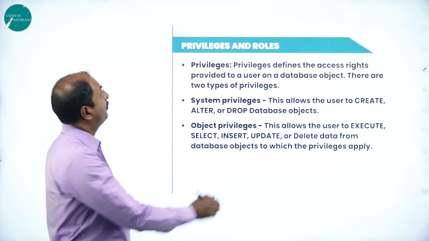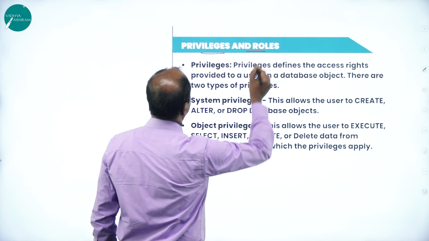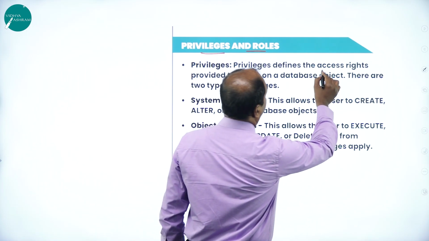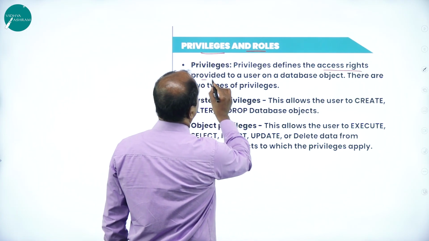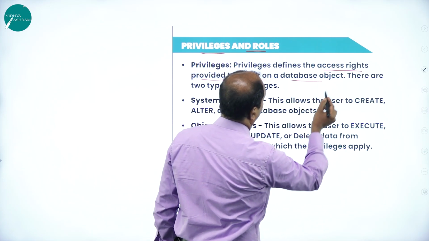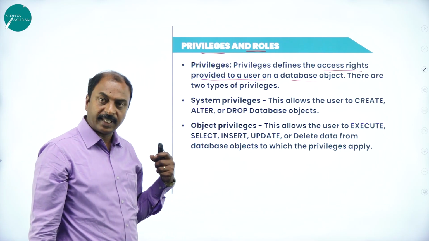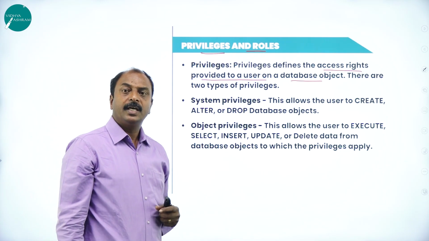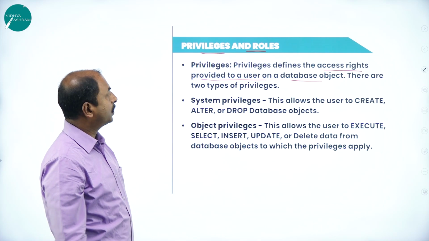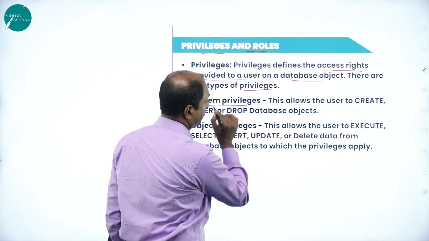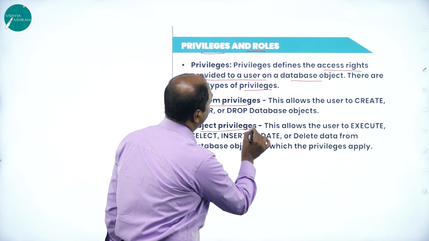Next slide is privileges and roles. What are privileges? Privileges define the access rights provided to the user on database objects. This is what you have seen in our previous slide with the help of the grant and revoke commands. There are two types of privileges: one is system privileges and the second is object privileges.